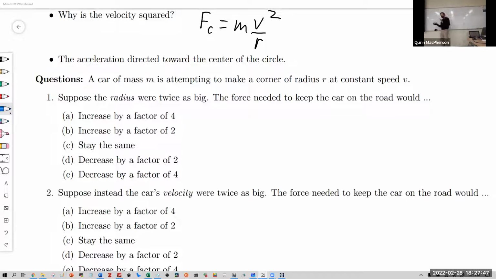While you're thinking about this, this is the problem I always think about when I think about centripetal acceleration. You're driving a car, there's a corner with some radius, and you need friction to keep you on the corner. Otherwise, you'll slide off. So frictional force holds you into the corner.